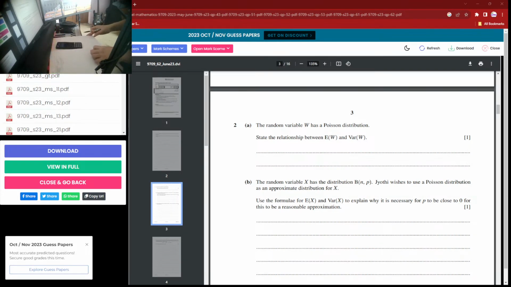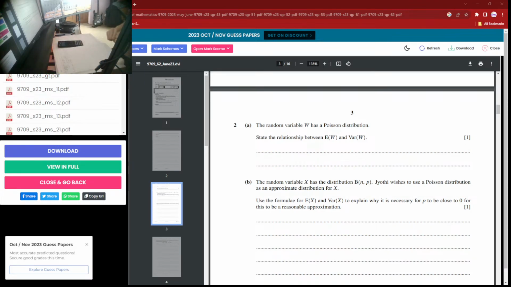For Poisson, the mean and the variance will be the same value. So the relationship would just be that E(W) is equal to Var(W).